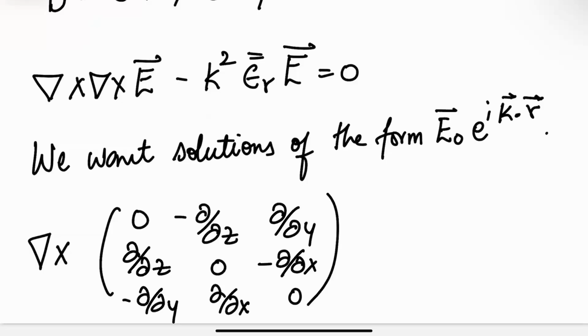So I can pull my E naught out and apply the curl of curl operator on this term. And then I also have this term as well. And that whole thing gives me a new matrix equation, right? So I'm going to skip the details and just write out the final matrix equation, which is a little bit long, but I can do it.